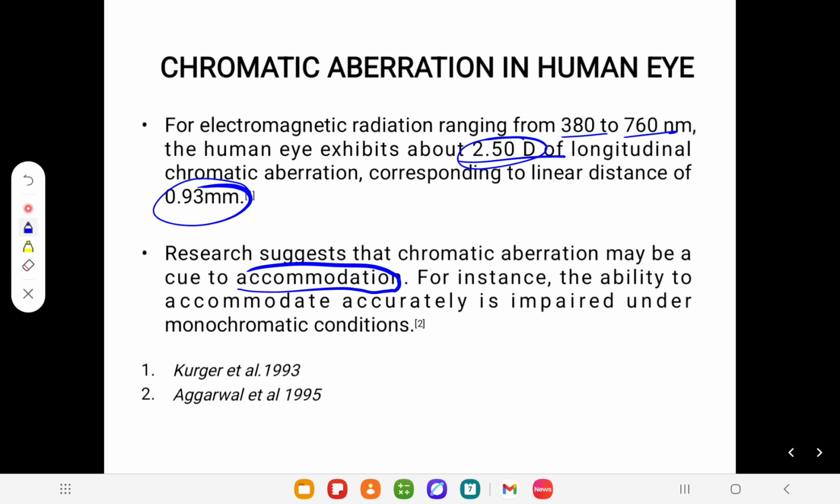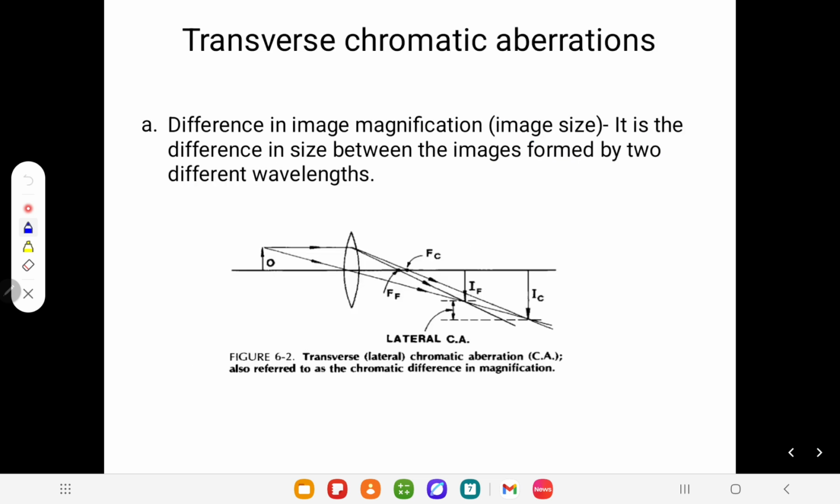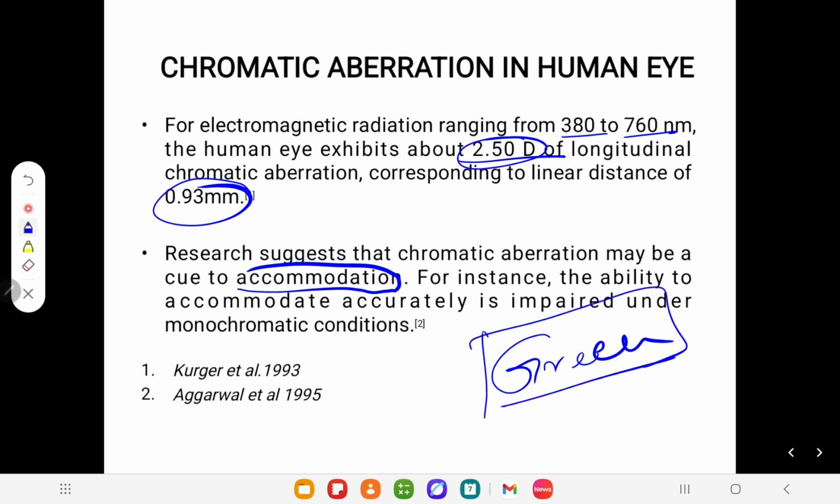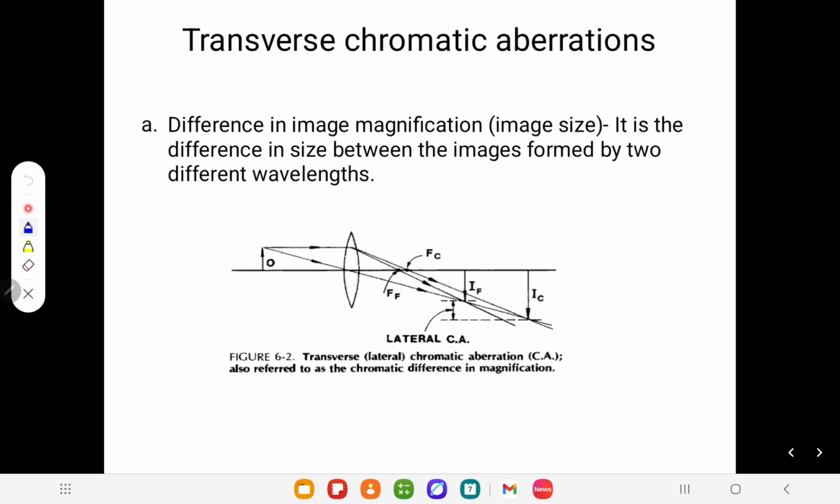It is the basis for the duochrome test. It's always asked in presentations. This longitudinal chromatic aberration is the basis for the duochrome test. It is also the reason why our lensometer has a green target, isn't it? This is the reason.